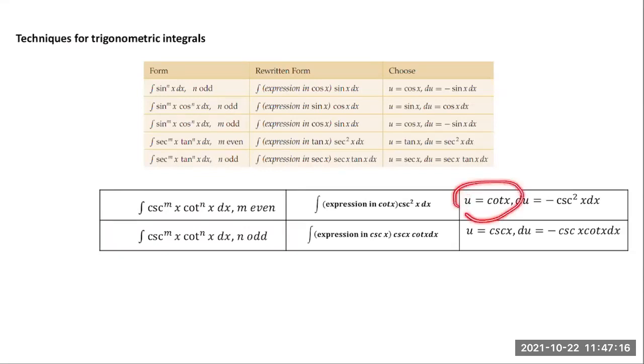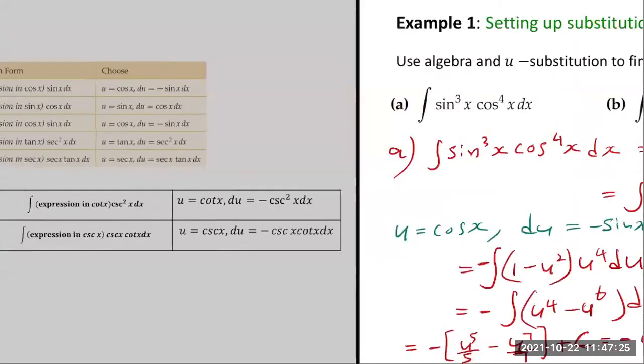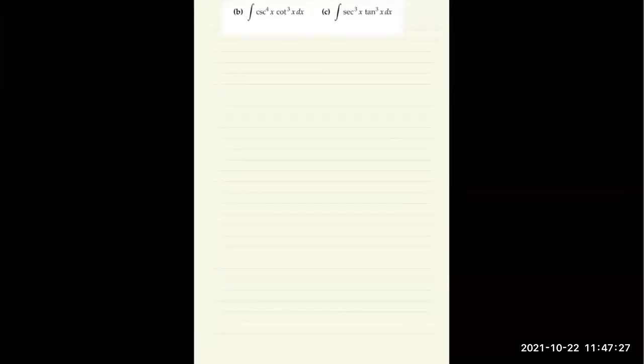Remember, before I use this substitution, I need to write my original integration in this form. Okay, some expression in cotangent x times cosecant squared x dx. Let me do that. So my integral for part B becomes the integral of cosecant 4x cotangent cube x dx. Oh, this is cosecant, pardon me, not cosine.